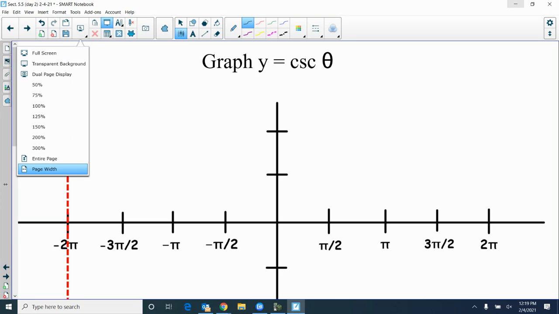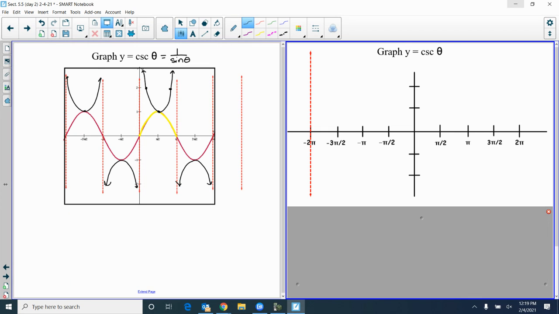Now, all right, let's graph it. Using the sine graph kind of as a guide, go ahead and draw in your asymptotes, which are going to be at -2 pi, -pi, 0, pi, and 2 pi.